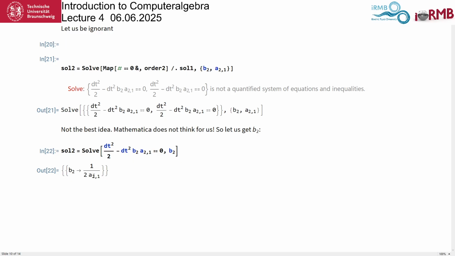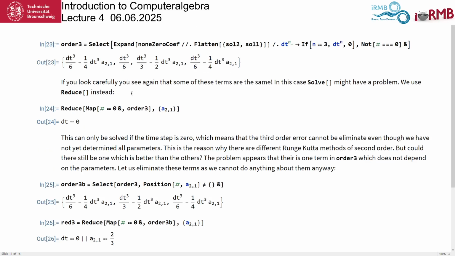We can put kind of any A here, provided we put the right B, and we get a solution at this order. This is the reason why there are many Runge-Kutta methods of second order.